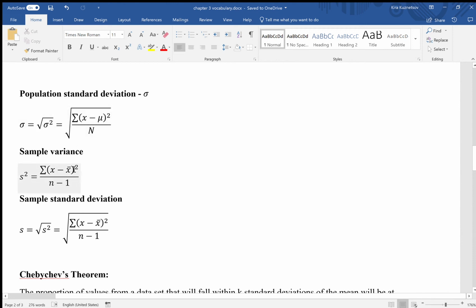So the calculator and Excel and all of your calculating devices do not know whether your data is a whole population or a sample. So what it's going to do, it's going to spit out both. You need to pick which one you want to use.